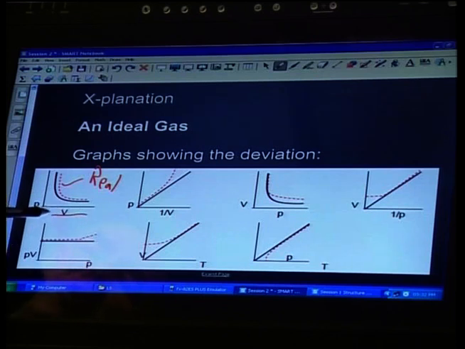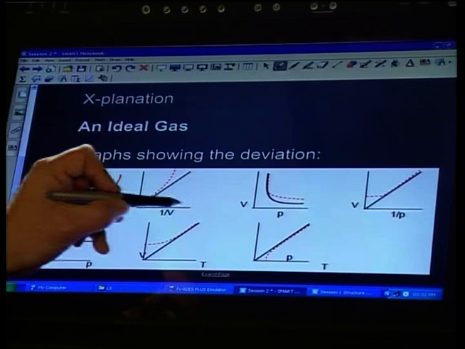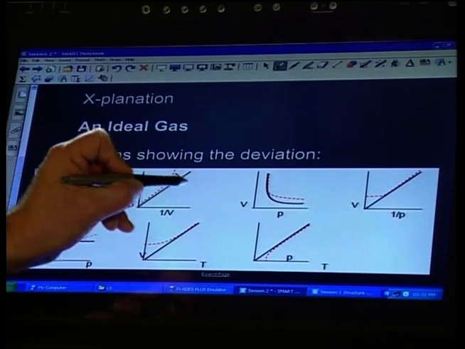But as the volume decreases, notice the volume of the particles becomes significant. As the pressure increases, yes, this pressure will increase as well, but notice it doesn't increase as much because the volume is less than what it would have been. It's not as compressible. And exactly the same thing is happening here.